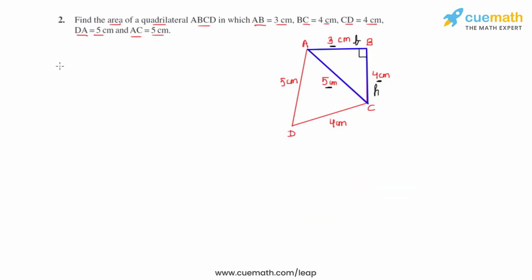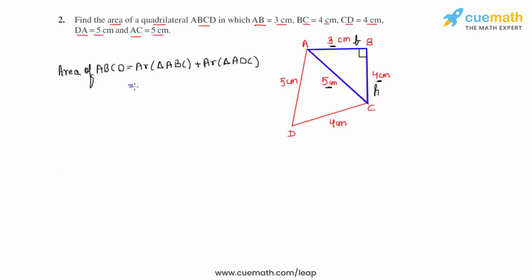Now that we have found out the areas of both the triangles, let's add them up. So now we can say that the area of quadrilateral ABCD is equal to the area of triangle ABC plus the area of triangle ADC. As we know these values, let's substitute them in.